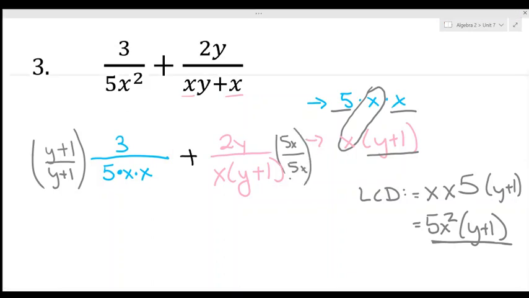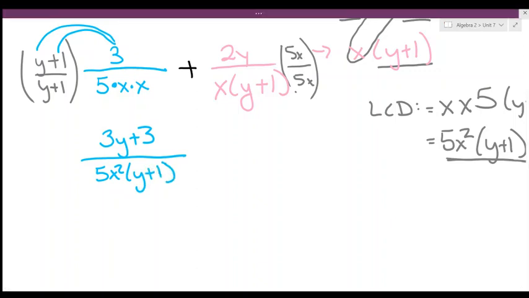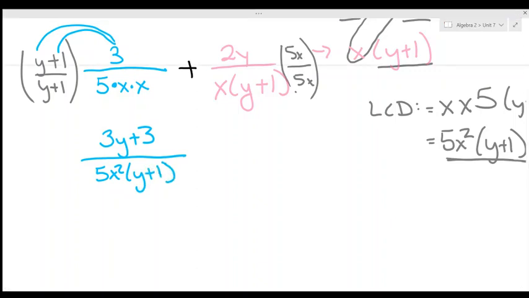All right, so now we're going to do some distributing. This gives us, if we distribute 3 onto the top, we get 3y plus 3. You multiply the tops, and then you just leave the denominators as our LCD, which in this case is 5x squared, y plus 1. Then we have our plus sign. That doesn't change. There's always going to be a plus sign.